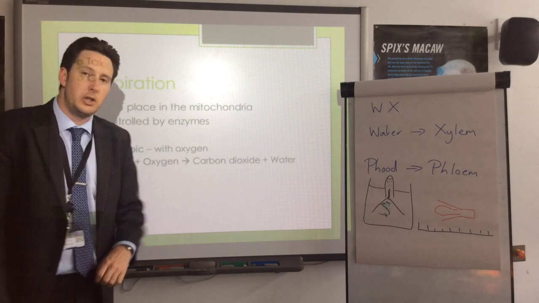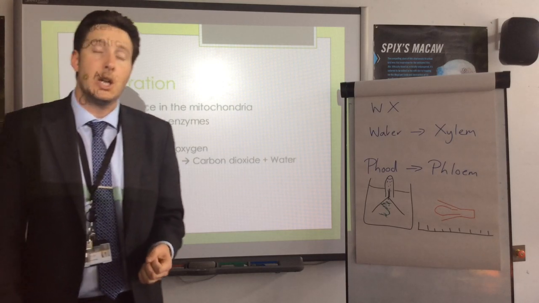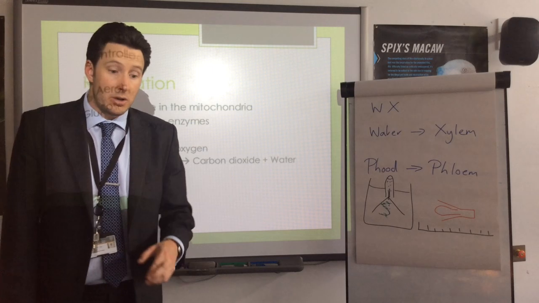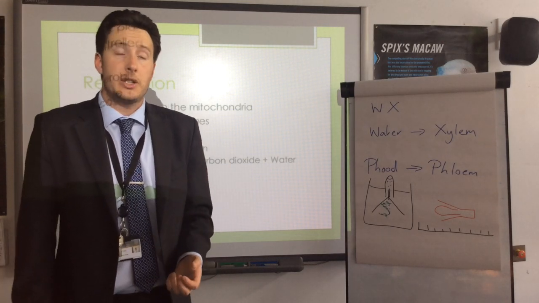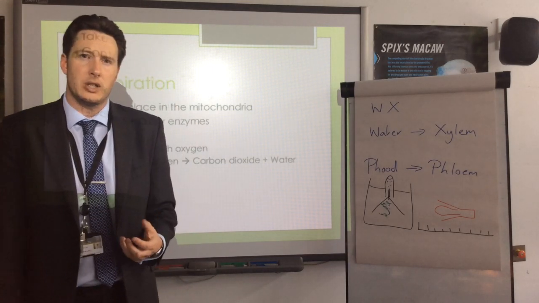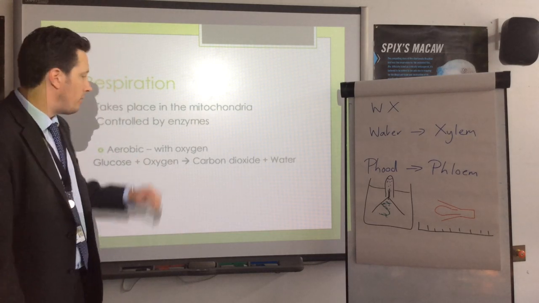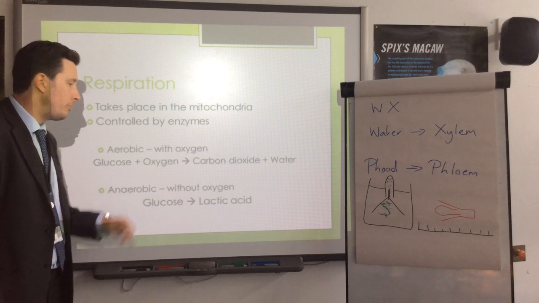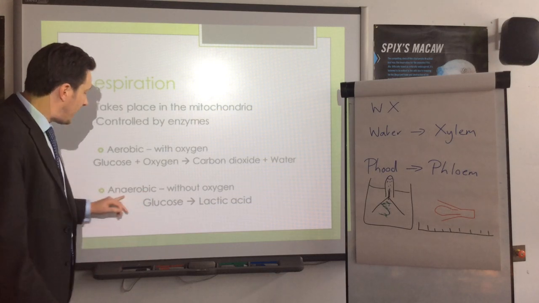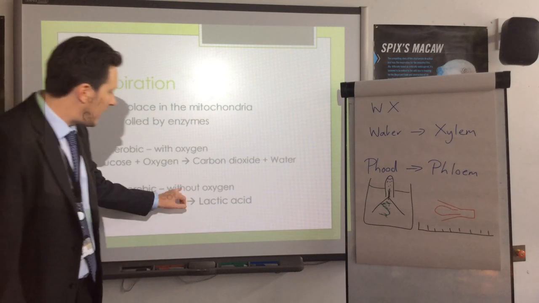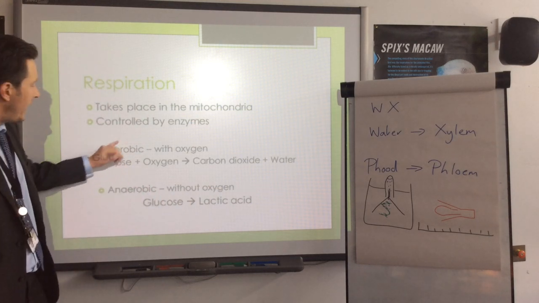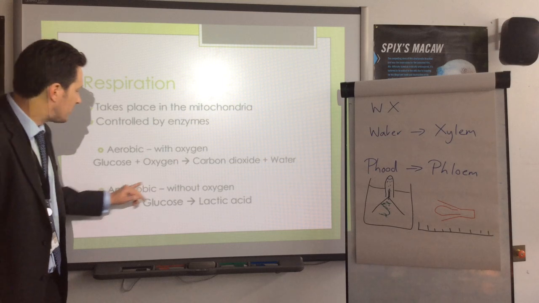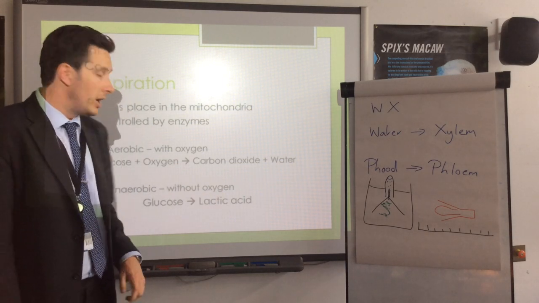If you cannot take in enough oxygen, for example during intense exercise such as sprinting, your body will have to do anaerobic respiration. Aerobic means with oxygen; anaerobic, an means without, so without oxygen.